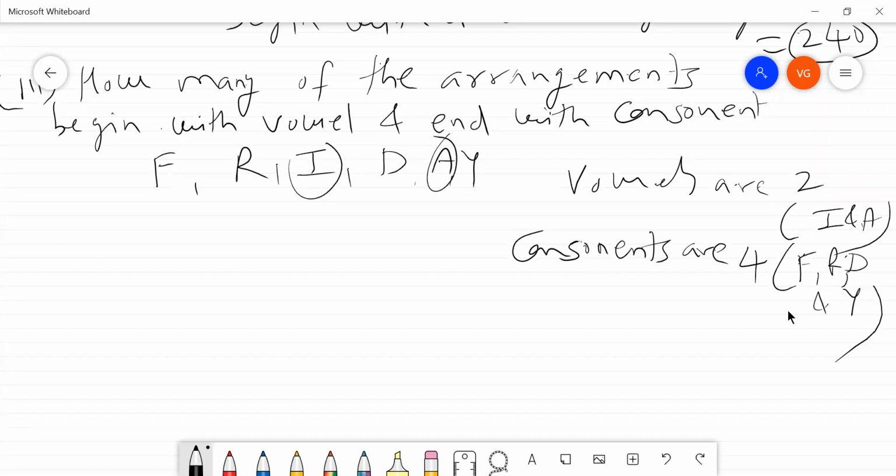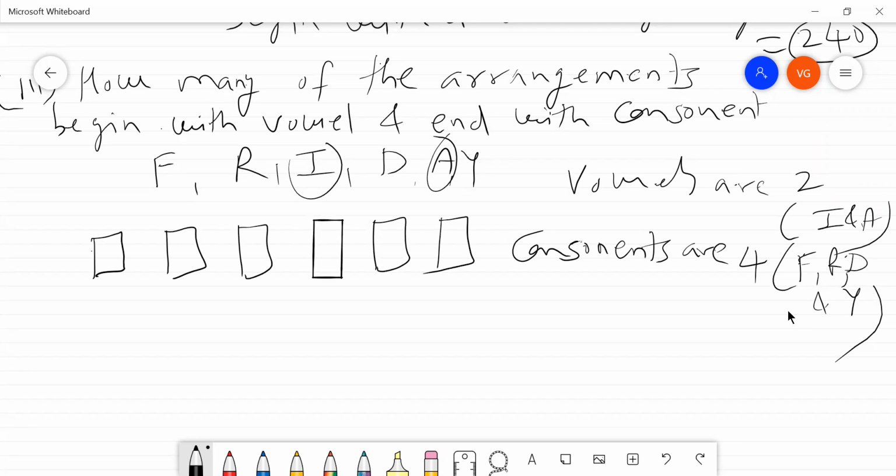So arranging means I have to fill the 6 places. How will I fill these 6 places? The first place has to be a vowel.